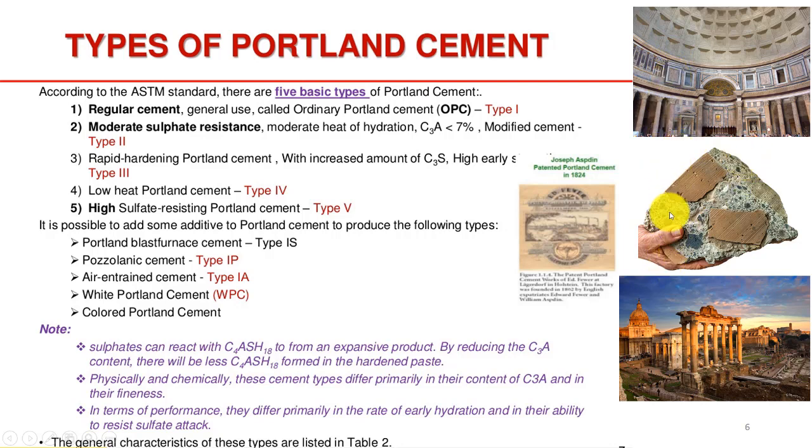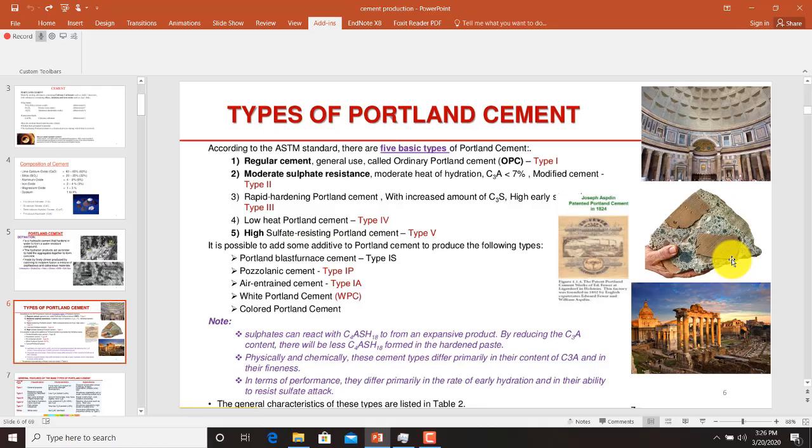In the second image, you see that I can see the lightweightness of this binding material by its texture. So the evidence of a Roman lightweight concrete can be seen in this image. It's a Roman concrete. It contains very lightweight coarse aggregates, as well as fine fillers.